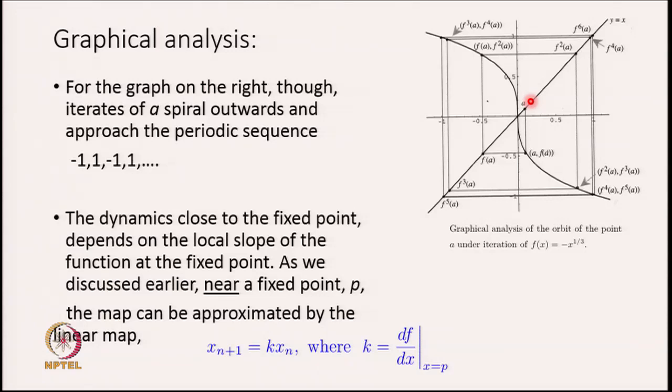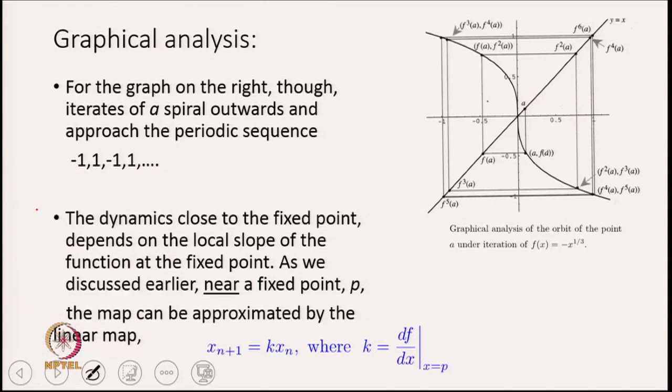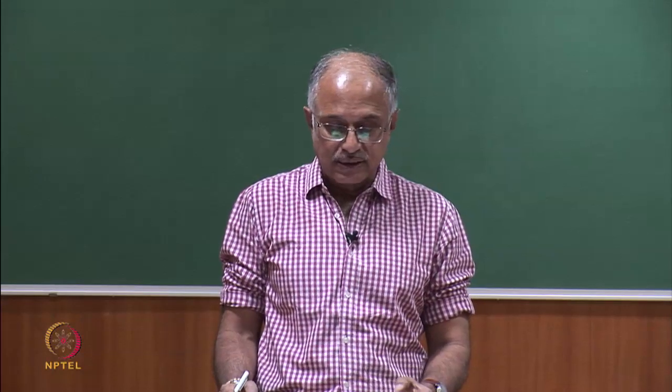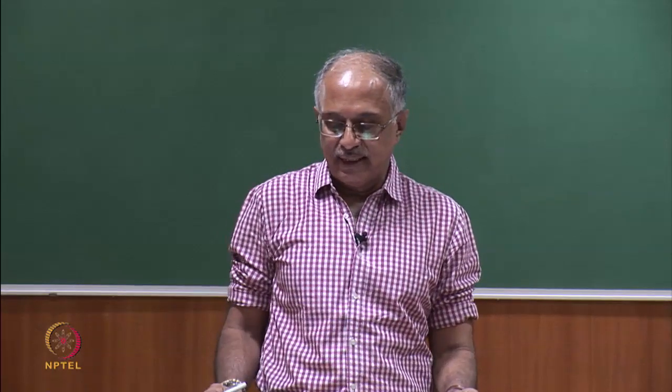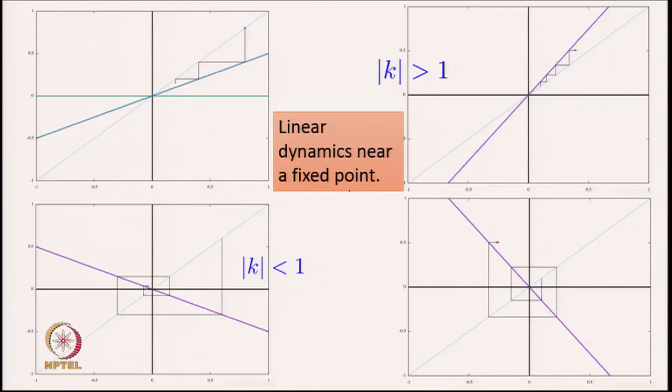As we saw in the earlier lectures, the map near a fixed point can be approximated by the linear map x of n plus 1 is k times x of n, where k is the derivative of this function evaluated near this fixed point P. It is easy to see now why points move in or away from fixed points depending on the slope, and we can do that by examining just this simple example over here of linear dynamics near the fixed point.